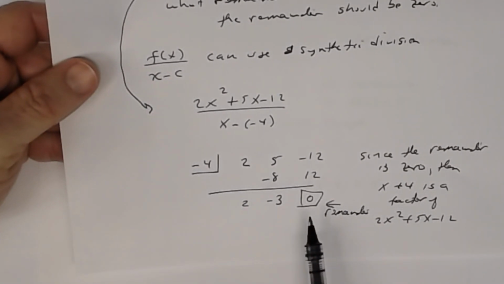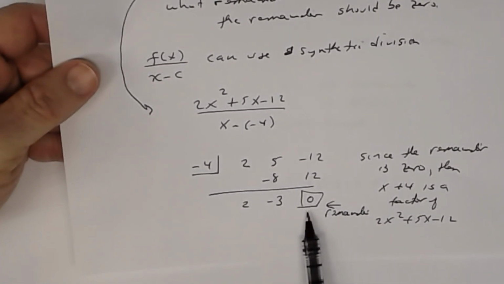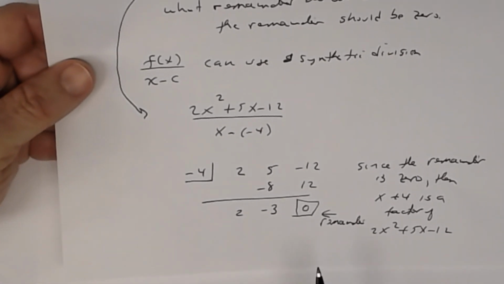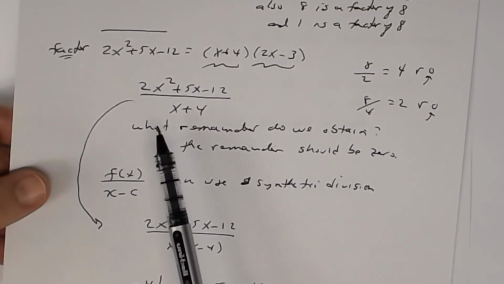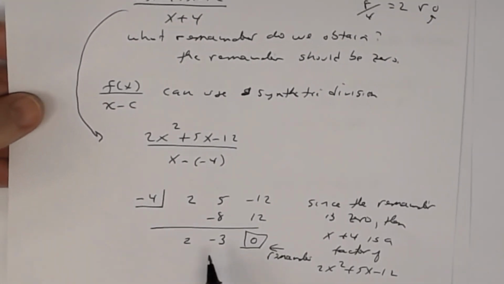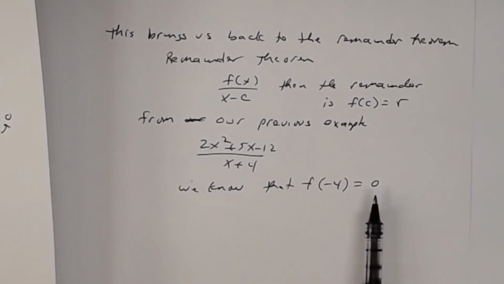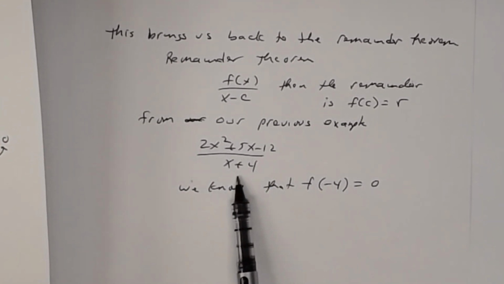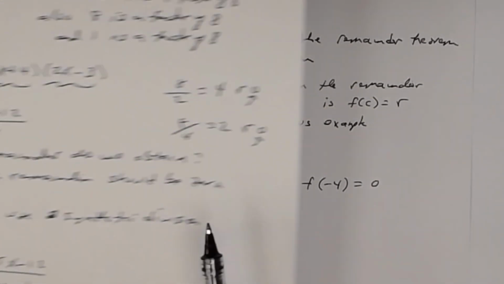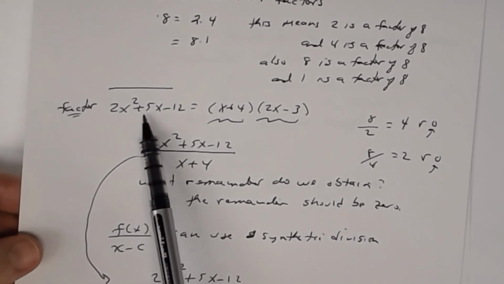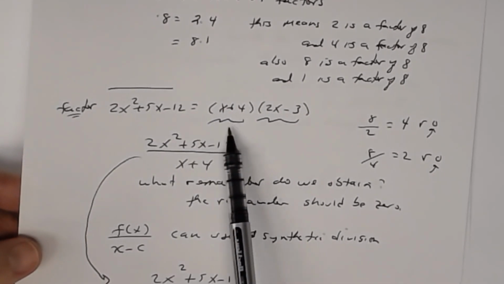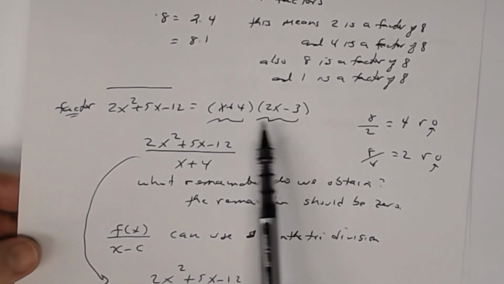So that means several things. Since f of negative 4 is equal to 0, then x plus 4 is a factor of 2x squared plus 5x minus 12. And we know that's true because when we factored it, those were your factors.